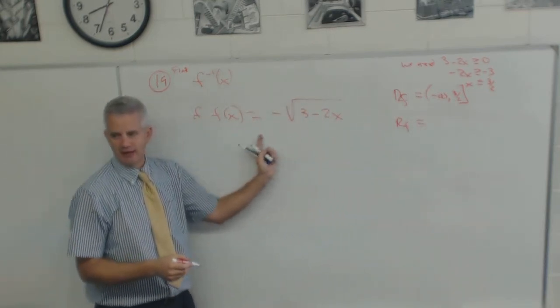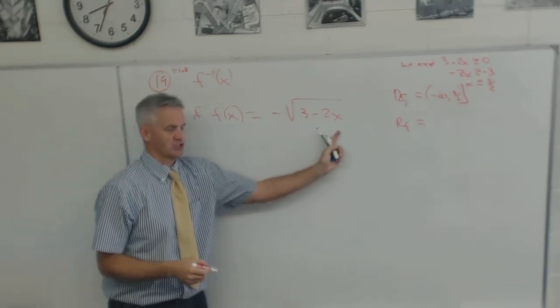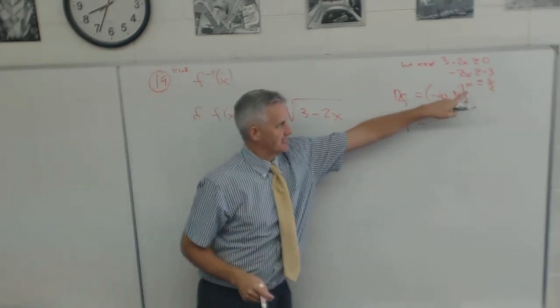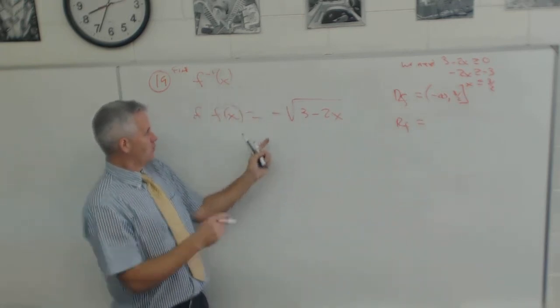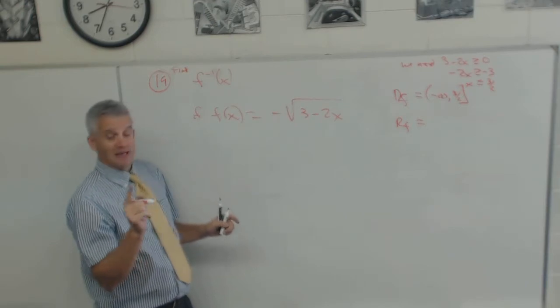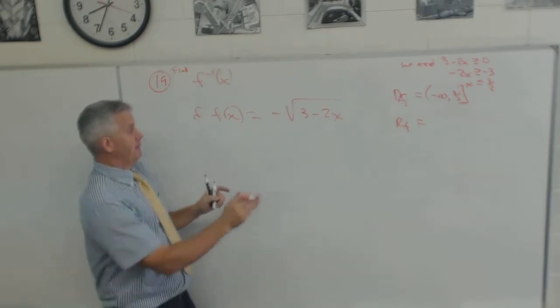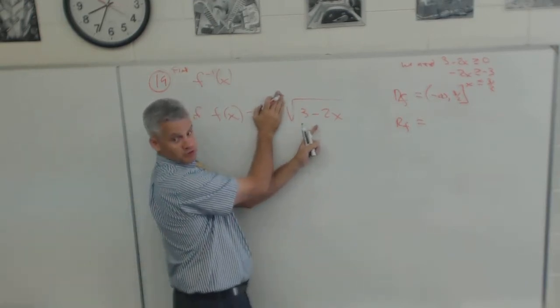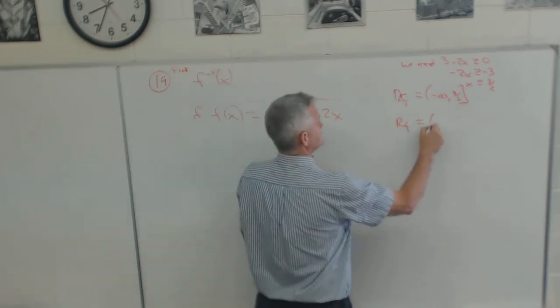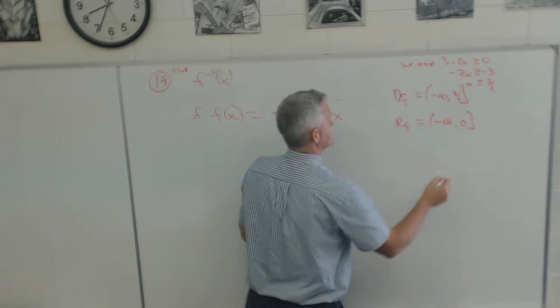It's a little bit tricky. The x had to be less than or equal to 3/2, but I'm asking about the range of f, not the inverse. Yes, it's going to be less than or equal to 0, because this is the principal square root, which is 0 or positive, and we take the opposite of it. So negative infinity to 0.